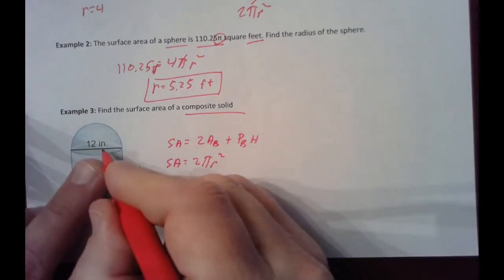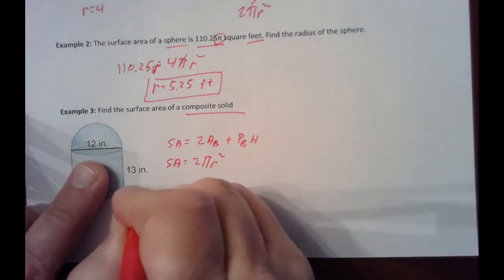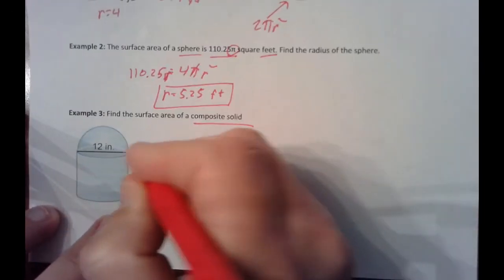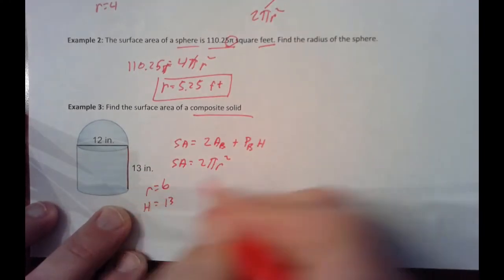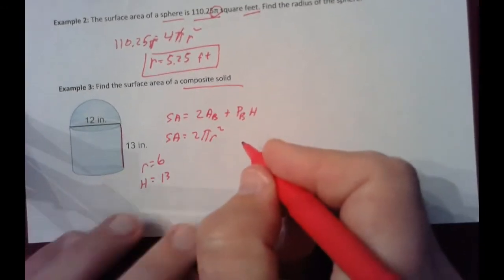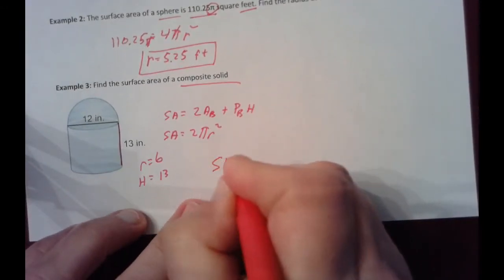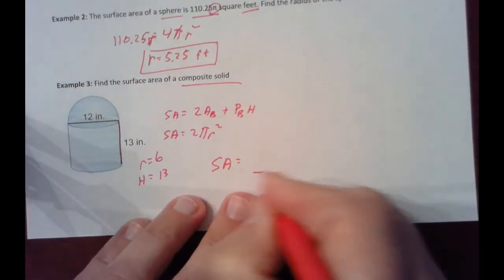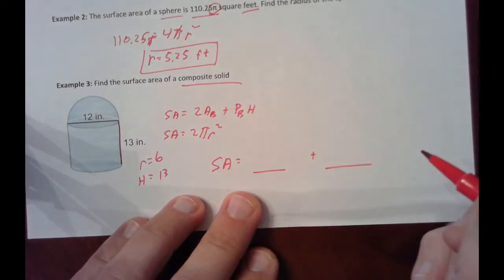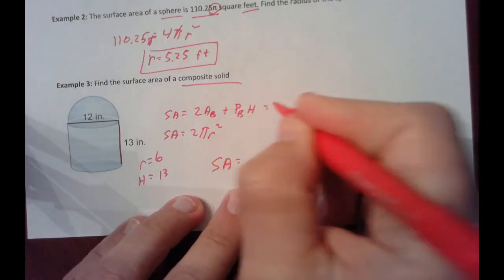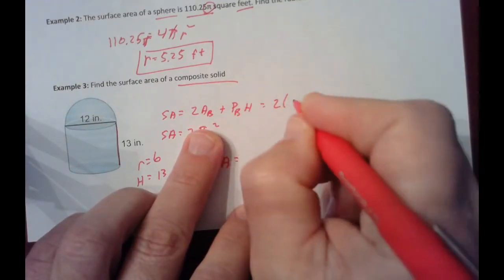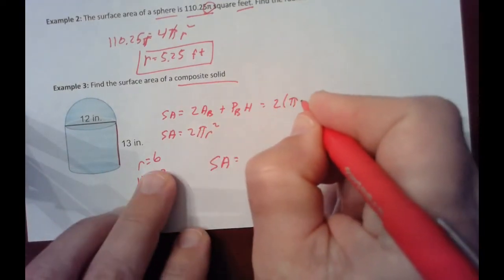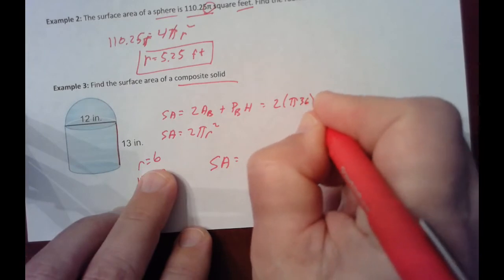Alright, so it looks like 12 is my diameter, so that means my r is 6. 13 here is my capital H for my height. And let's see if we can put this all together here. So if I go surface area, this is going to be for my total when I get my 2 pieces together. So for my cylinder area of the base, I'm going to have my 2 times pi r squared, so then I got 36.